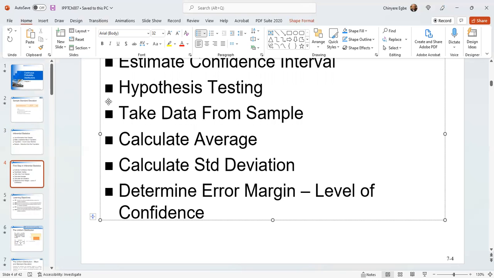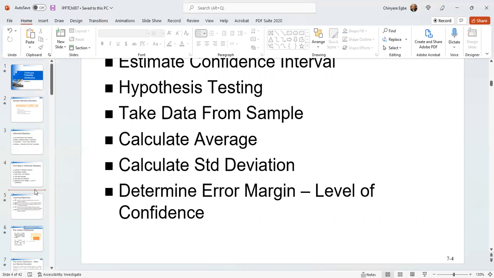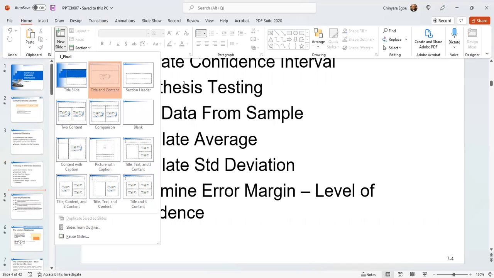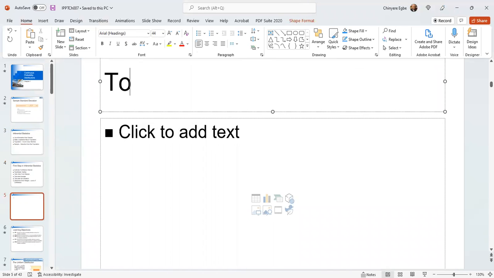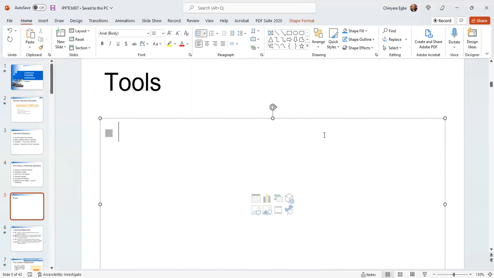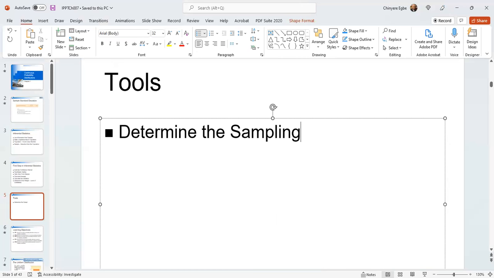And so the next thing I'm going to ask is, what are the tools? First of all, you have to determine the probability distribution. I'm going to make this very simple.